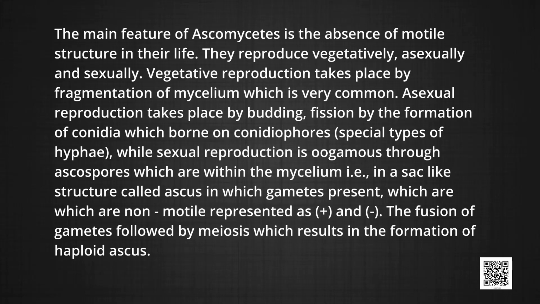Asexual reproduction takes place by budding, fission, or by the formation of conidia borne on conidiophores, a special type of hypha, while sexual reproduction is oogamous through ascospores, which are within the mycelium, in a sac-like structure called ascus, in which gametes are present, which are non-motile, represented as either positive plus or negative minus.